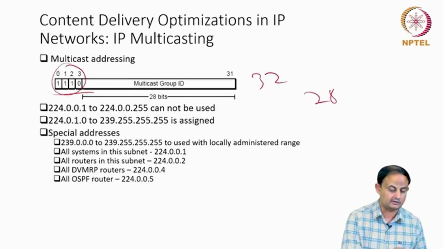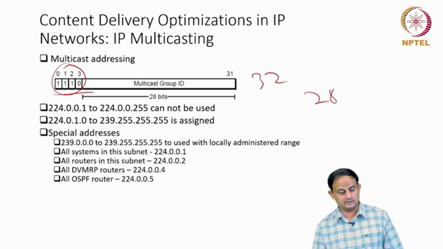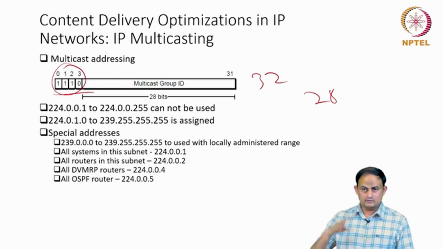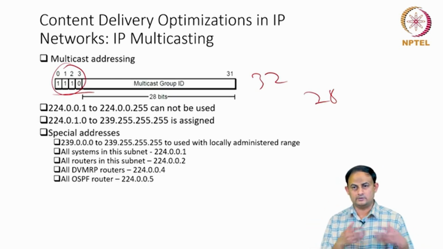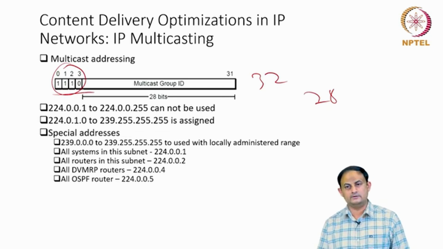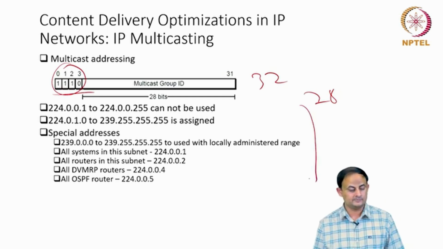These 4 bits have the fixed values 111 followed by 0, and the rest of the 28 bits can vary, but not all of them can be assigned to end users. There are certain IP address series which are reserved for some specific purpose.